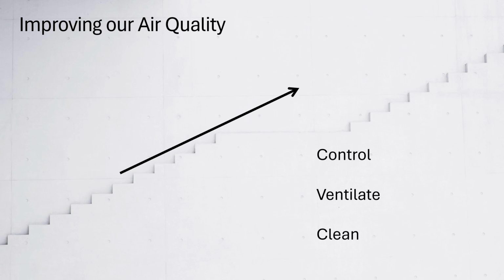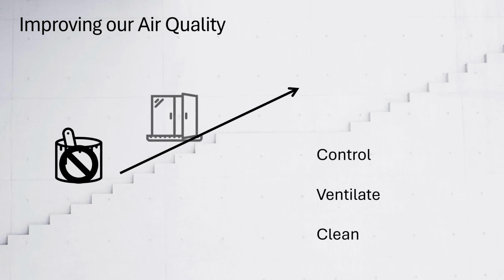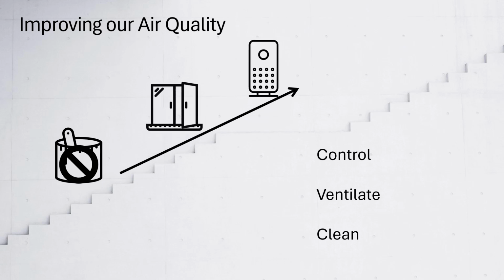Improving indoor air quality has three main parts to it. We want to control possible sources of pollutants and, where possible, use low emission materials. We want to ensure good ventilation, bring outdoor air in to remove the stale inside air and dilute pollutants that are indoors.